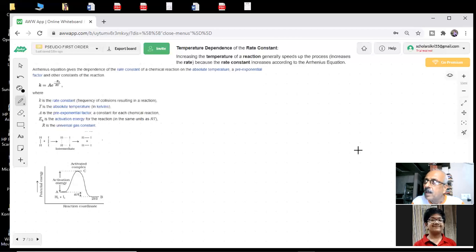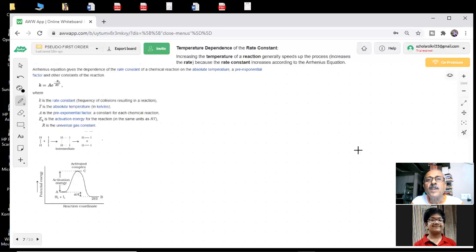What has been observed experimentally is that the rate of the reaction increases with increase in temperature, and it has been found after performing experiments that the rate almost doubles for every 10-degree rise in temperature.